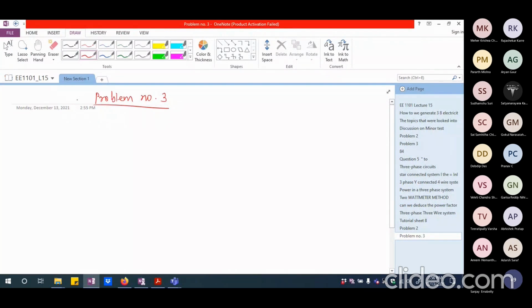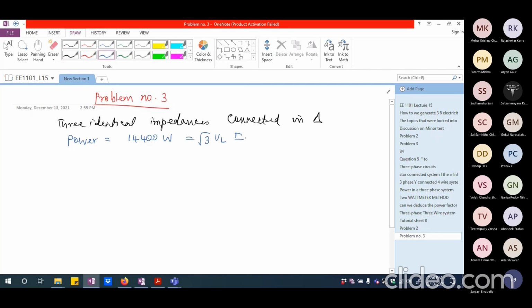So the first thing that is given is 3 identical impedances connected in delta. So I should say that the power is given to be 14,400 watts, which is equal to root 3 VL IL cos phi.